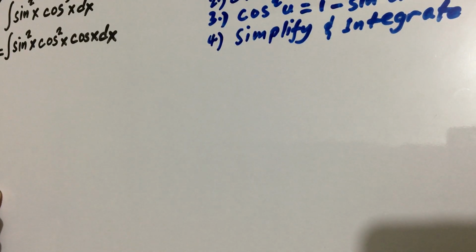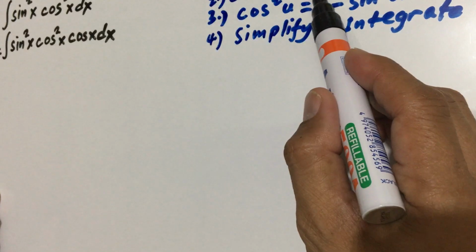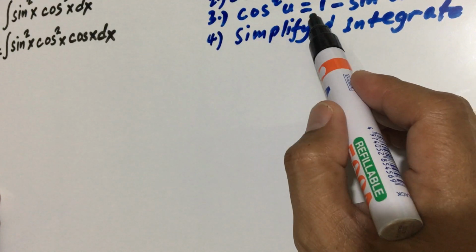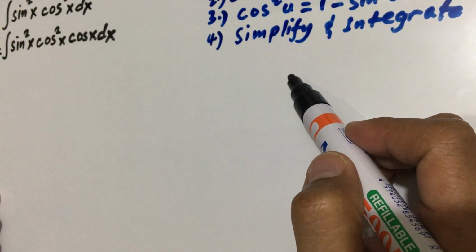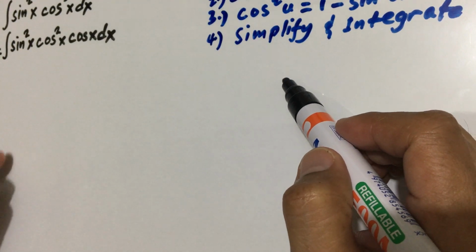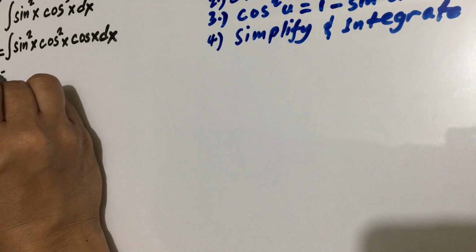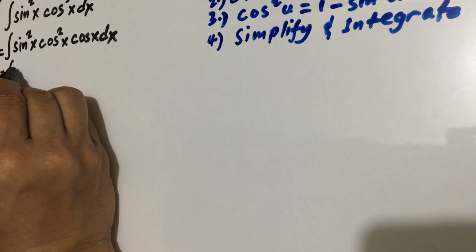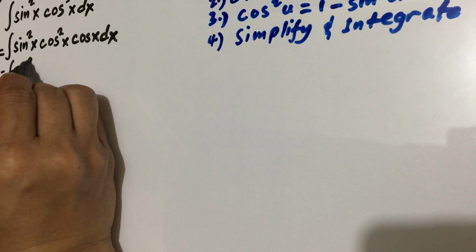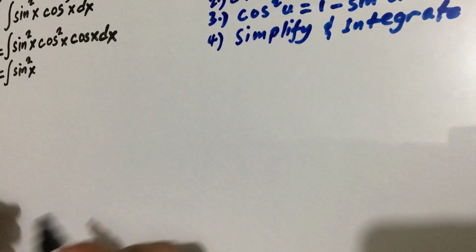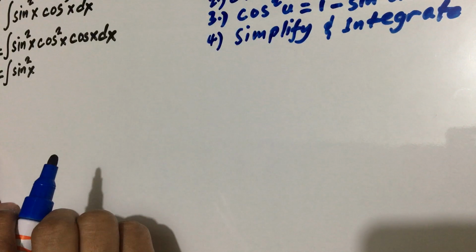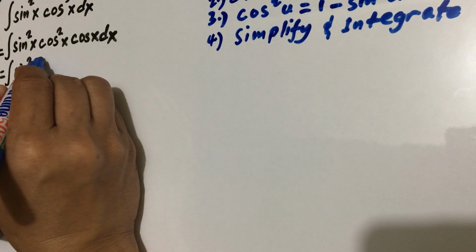Okay? Then after that, we use the identity. Now we have to change cosine into sine by using this identity: cosine squared u equals 1 minus sine squared u. So this is equal to the integral of sine squared x. Now we are going to change the cosine into sine by using this identity.